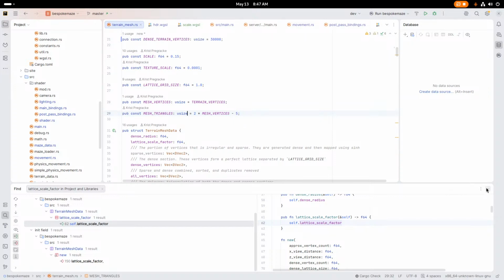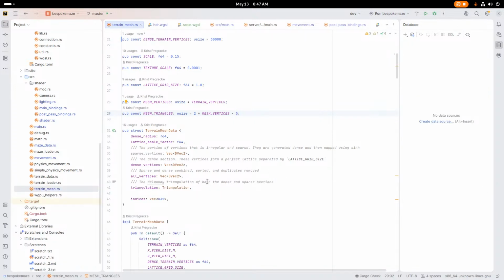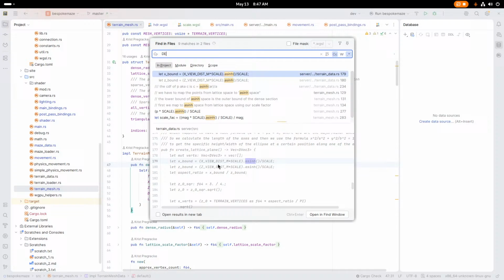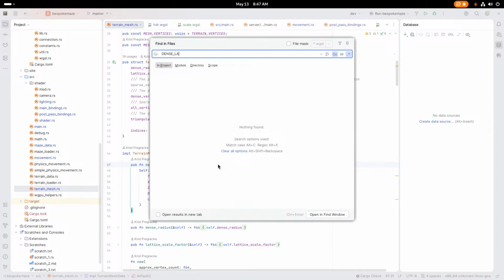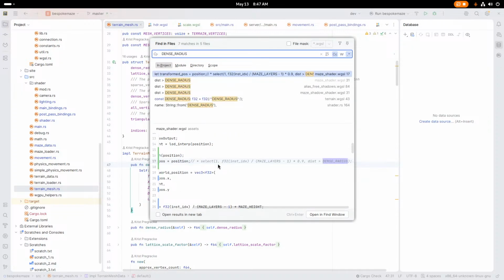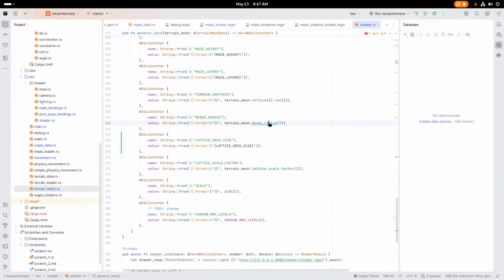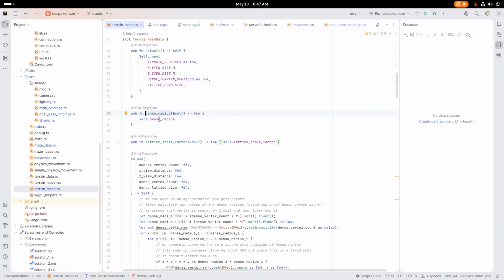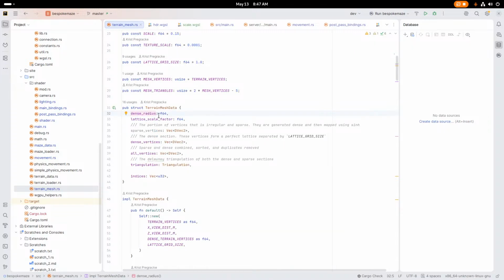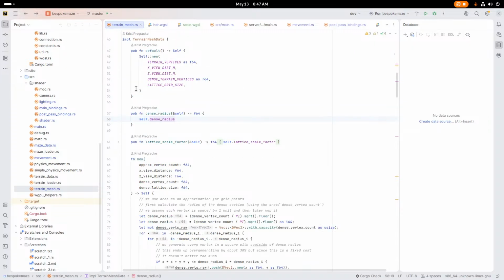Wait, how do I calculate the dense lattice size? Dense radius. How do I know this? Oh, I calculate it. Oh, okay. Wait. Wait, what? Oh, I'm stupid. Okay. Lattice scale factor.